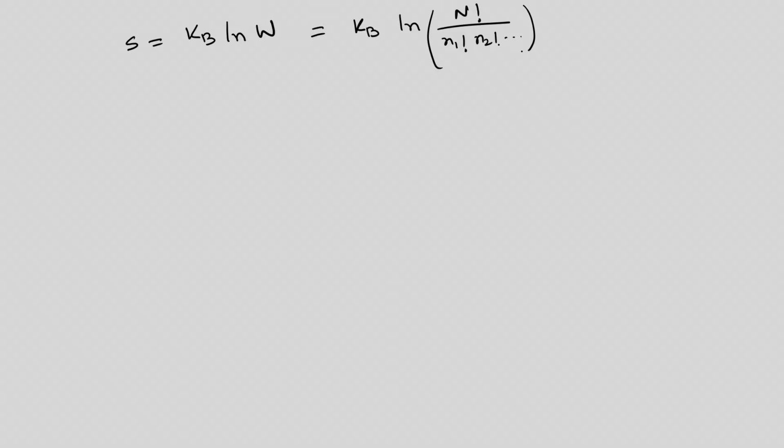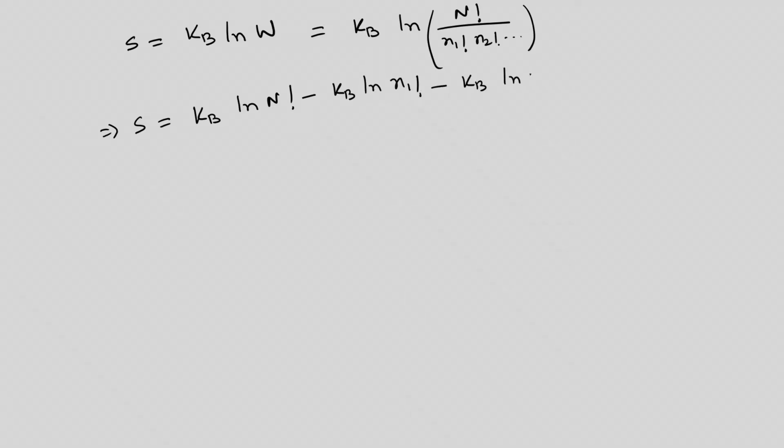That we already studied. So, we get S is Kb ln n factorial minus Kb ln n1 factorial minus Kb ln n2 factorial and so on, right. So, we get S is Kb.